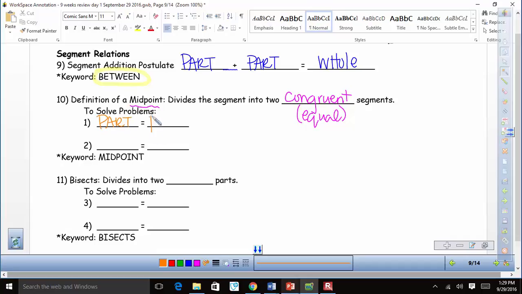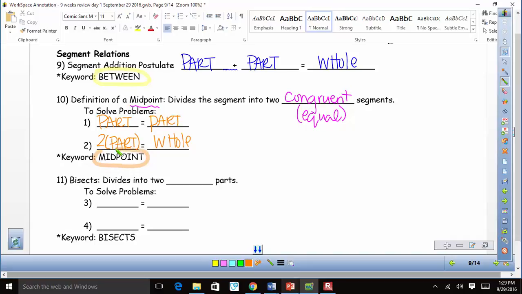Part equals part, and 2 times part equals the whole. Now, if it is a midpoint problem, you will see the word midpoint in the question.